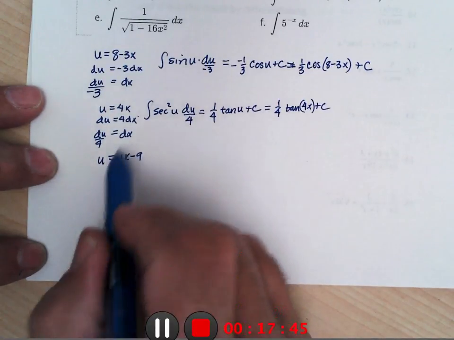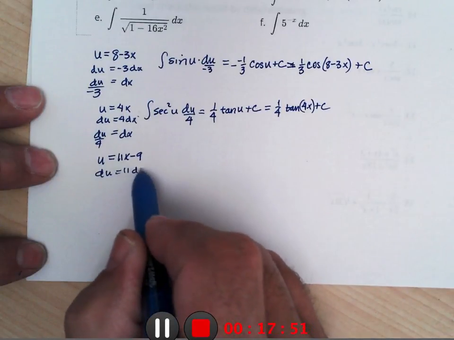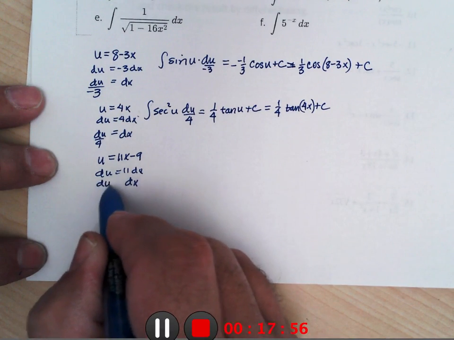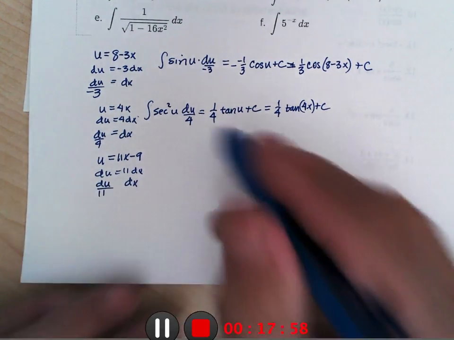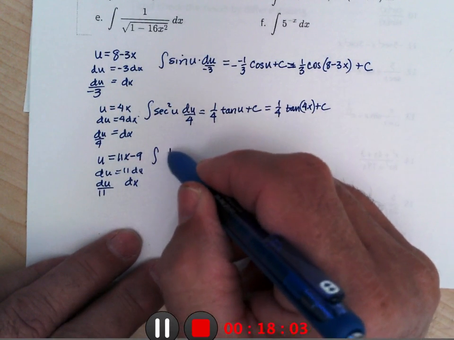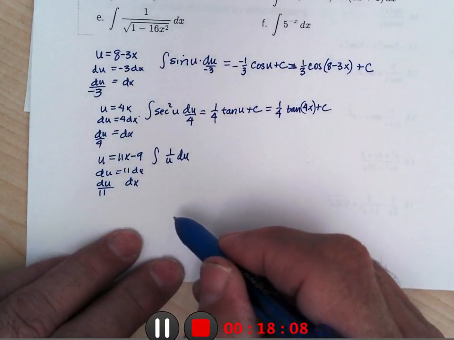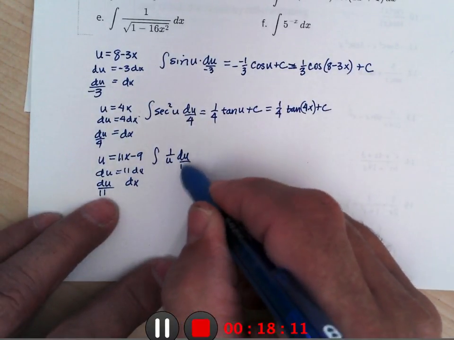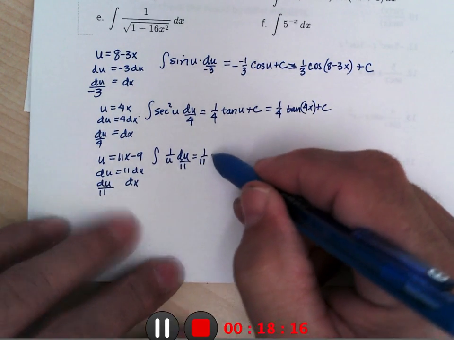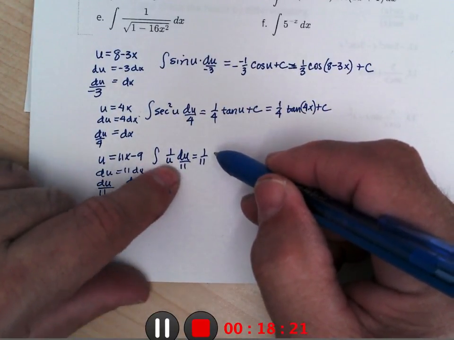And so du is going to be 11 dx, and so we're going to get 1/11. dx is du over 11. But what's going to be left? Well, we'll have the integral of 1 over u du over 11. The 11 comes out, and we have the integral of 1 over u. And the integral of 1 over u is one that stumps students a lot.